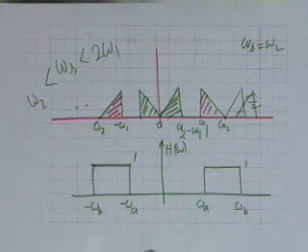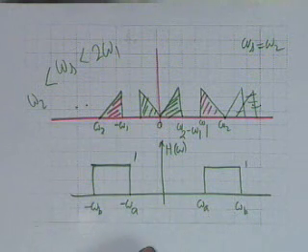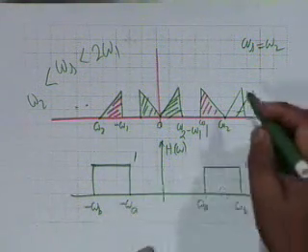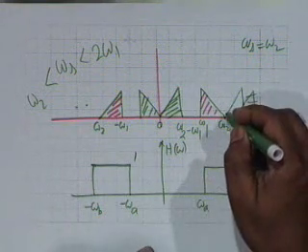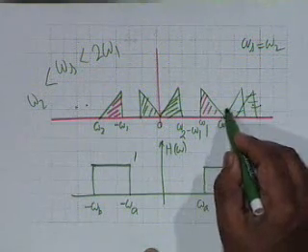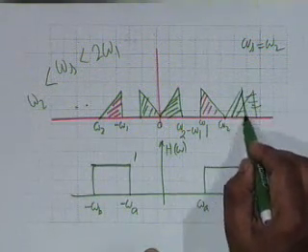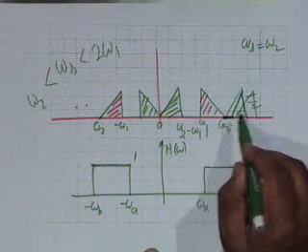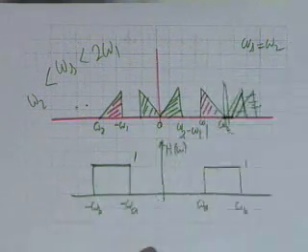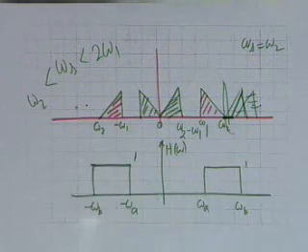And for practical ease of constructing a bandpass filter, your omega s should be slightly higher than omega 2, so that there is a gap here. Between omega 2 and the next one there is a gap, and you can have a bandpass filter which passes like this. Is the point clear?